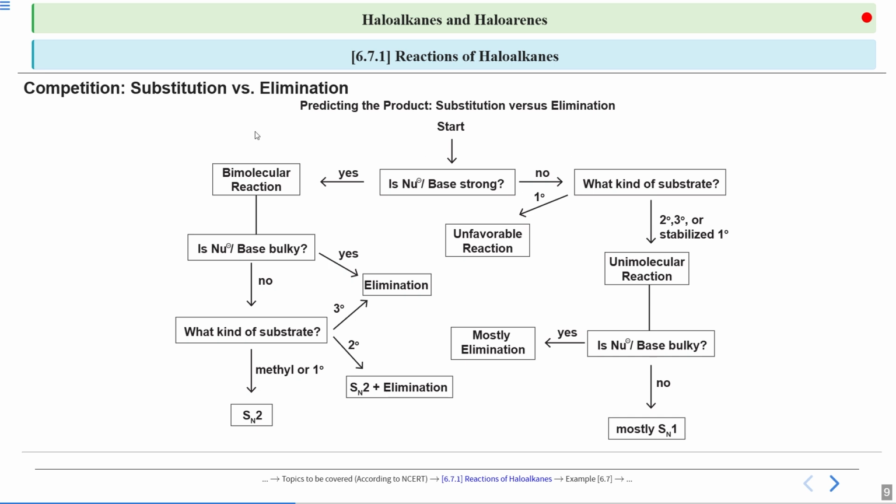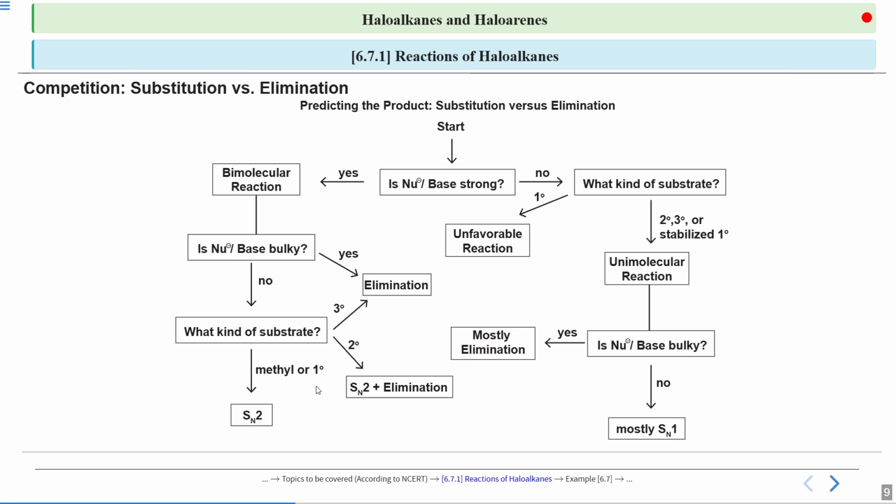Okay, strong, because if your nucleophile is strong, then you get the SN2 mechanism. So your reaction mechanism will be a substitution bimolecular mechanism if the nucleophile is strong, if your base is strong, and the methyl or primary substrates are present.